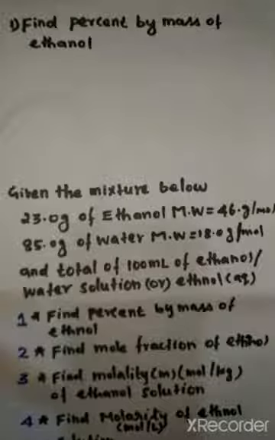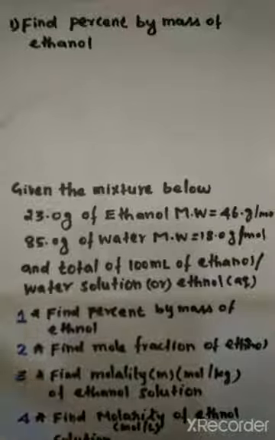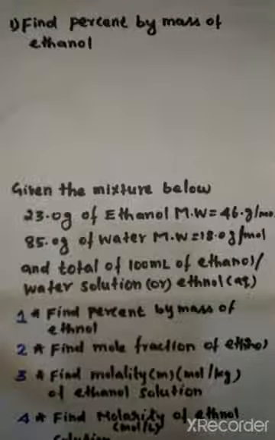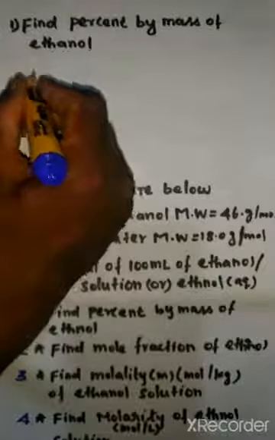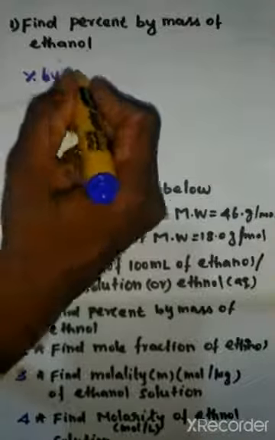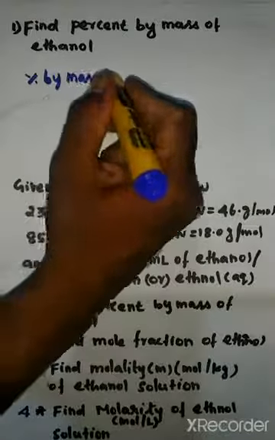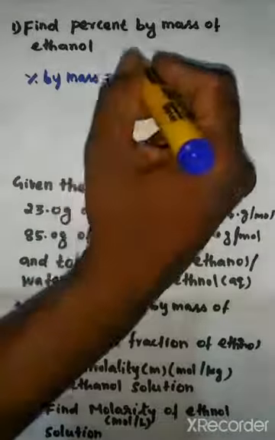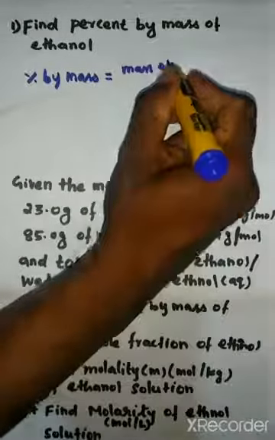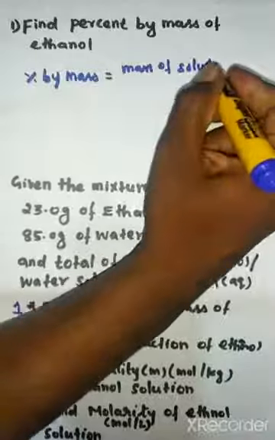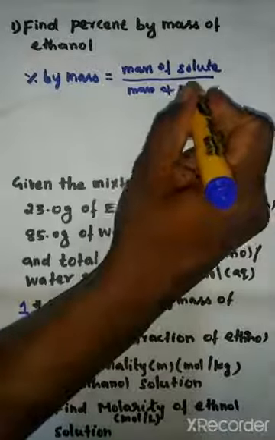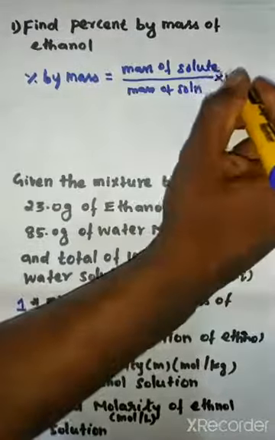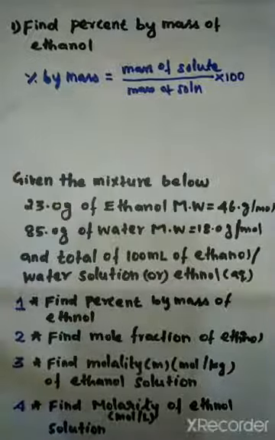The first question is, find percent by mass of ethanol. What is the formula for percent by mass? The formula for percent by mass is equal to mass of solute divided by mass of solution into 100.